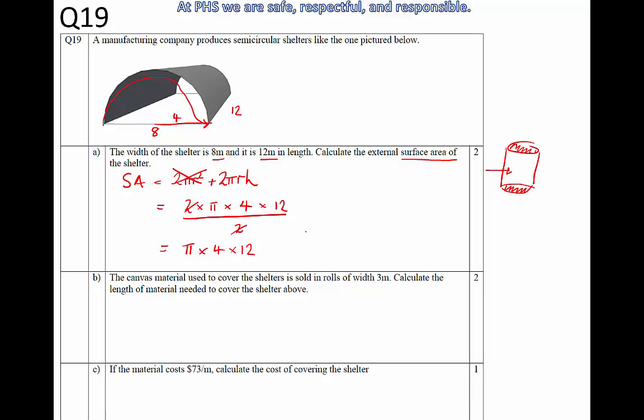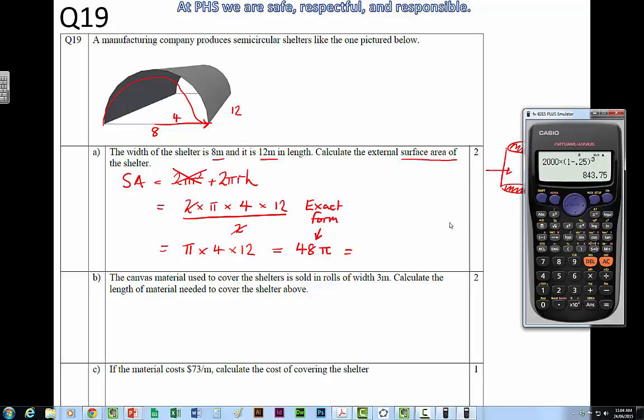Now, in future mathematics courses, you might be asked to leave your answer in exact form. What that means is, instead of evaluating what pi is and getting some decimal value, you could just leave your answer like this: 48 lots of pi. That is exact form. But we'll do the decimal one today. So let's get our calculator out again.